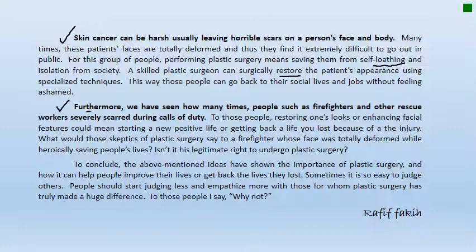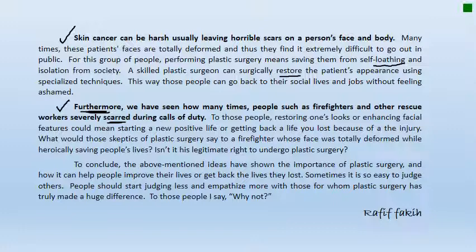Furthermore, remember to use those transitions of addition. Furthermore, we have seen how many times people such as firefighters and other rescue workers are severely scarred during calls of duty, like they were burned or something happened to their body.